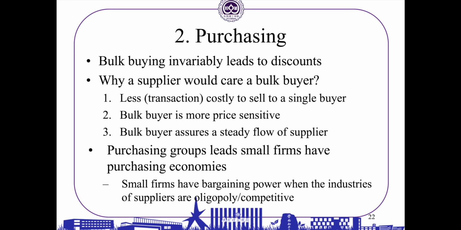As we have discussed in price elasticity, the consumer's income is a determinant of price elasticity. When the consumer's expenditure is a large portion of its budget or income, there is more price elasticity. Third, the supplier may prefer a bulk buyer since it gives the supplier a more stable cash flow.